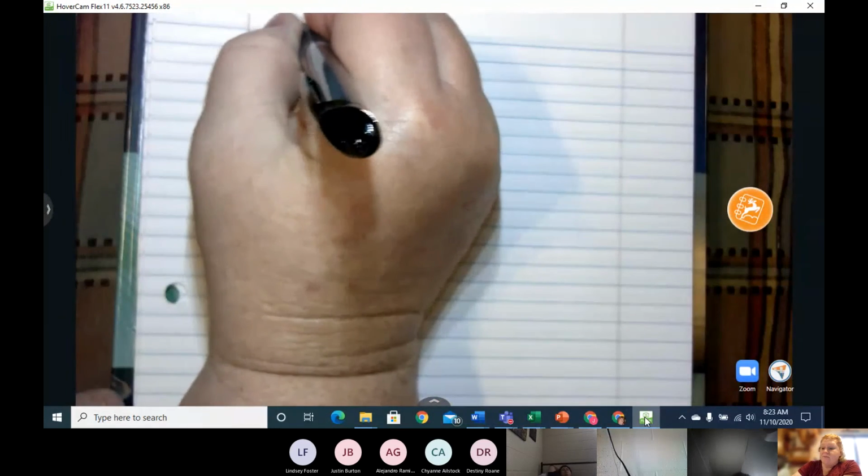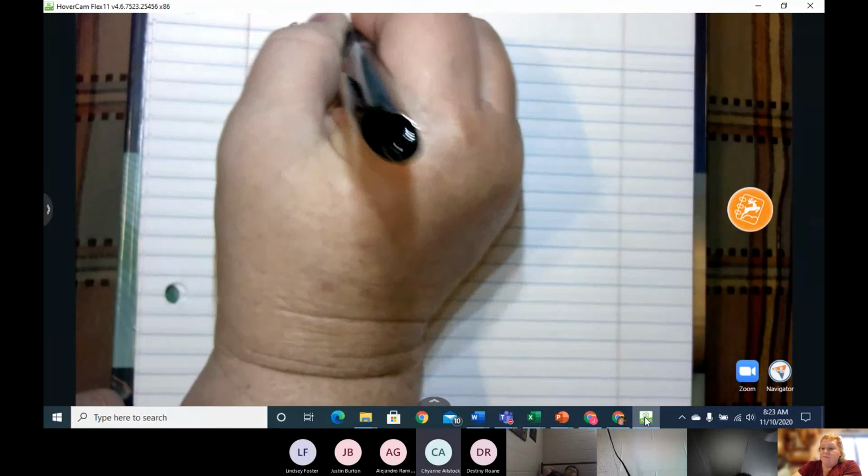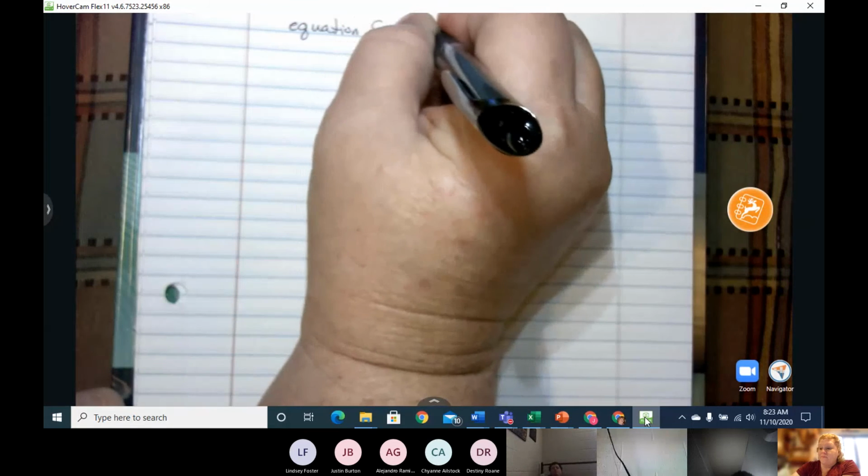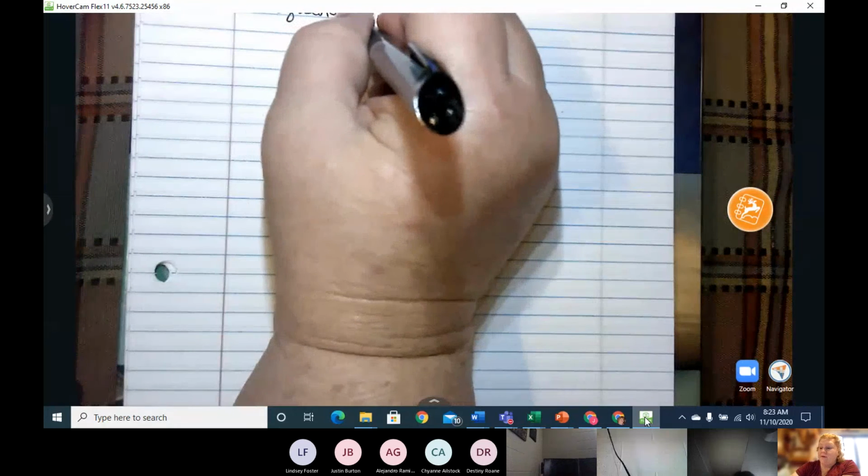Next, with linear functions, you wanted to recognize that your equations come in many forms. We already talked about the slope-intercept form.